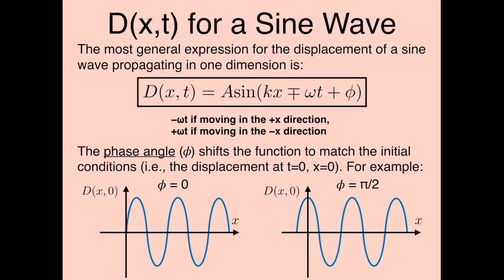So the difference between the two is you see one is shifted along the axis differently than the other, and so they have different phase angles, they have different values of phi. In the first case, we have phi is equal to 0. In the second case, we have phi is equal to pi over 2. Let me explain how I got these numbers.